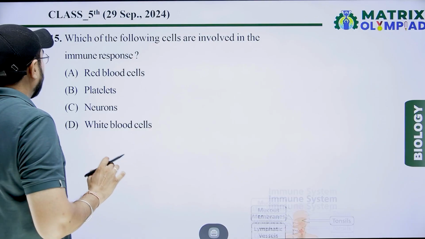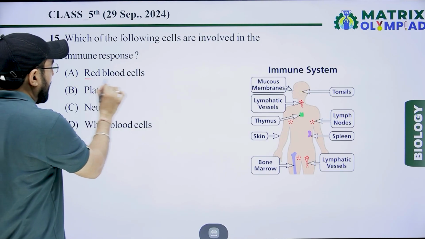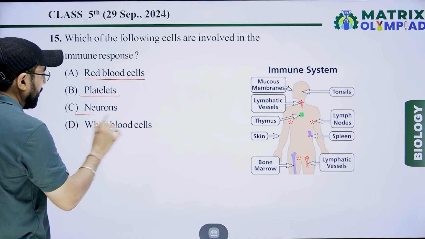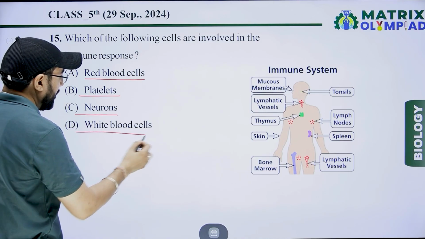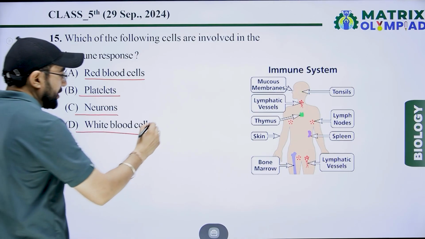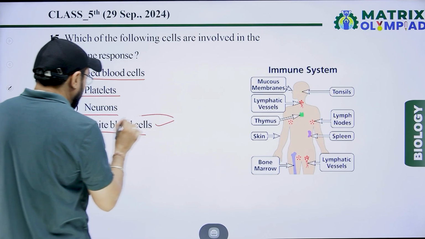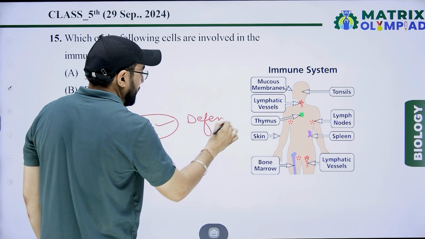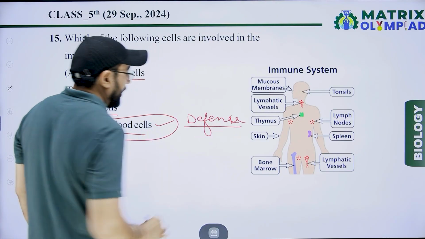Next, which of the following cells are involved in the immune response? Option first, RBC. Second, platelet. Third, neuron. And last one is WBC. WBC is called the soldier of the cell, meaning the defense mechanism.